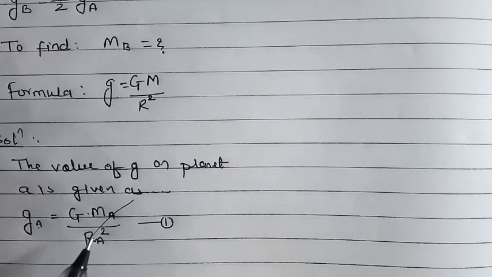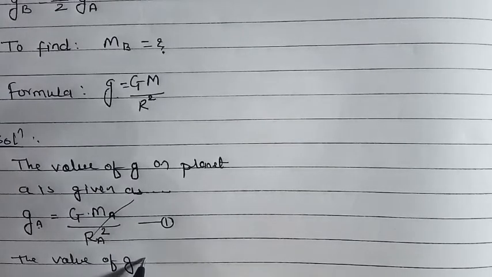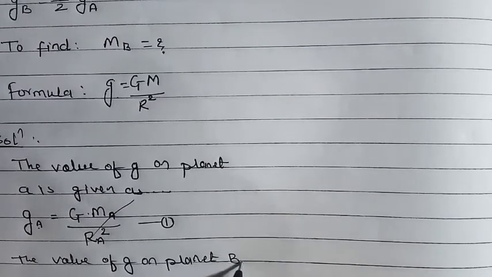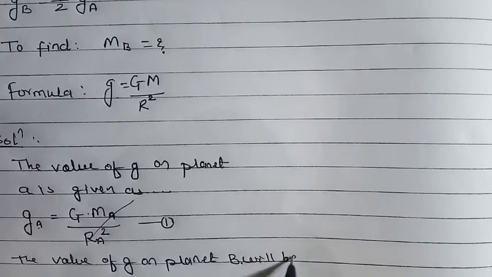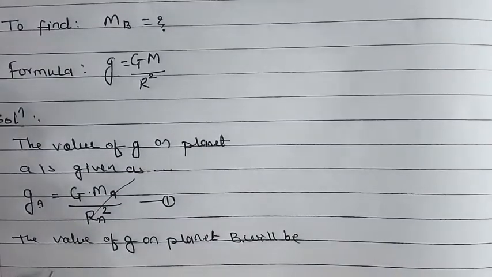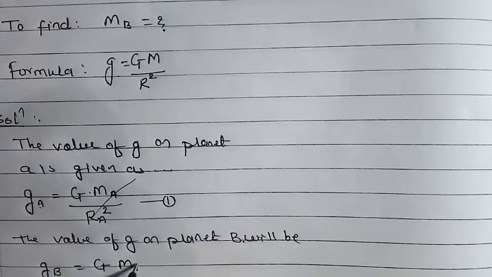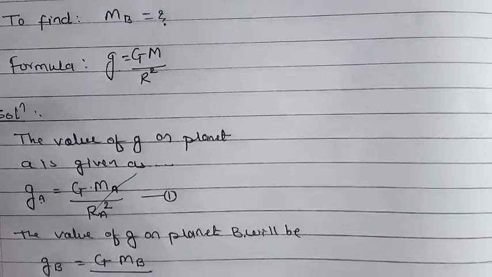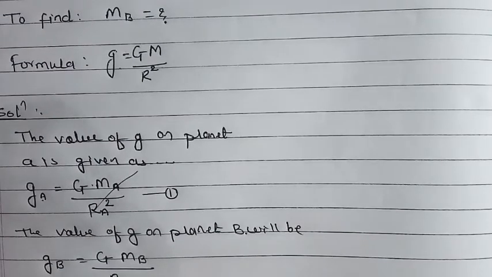Likewise, the value of g on planet B will be gB equals capital G into the mass of planet B divided by the radius of planet B squared.